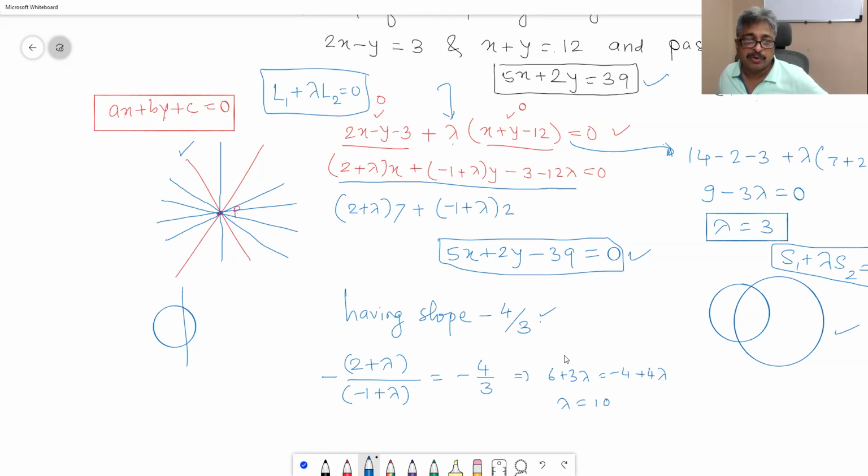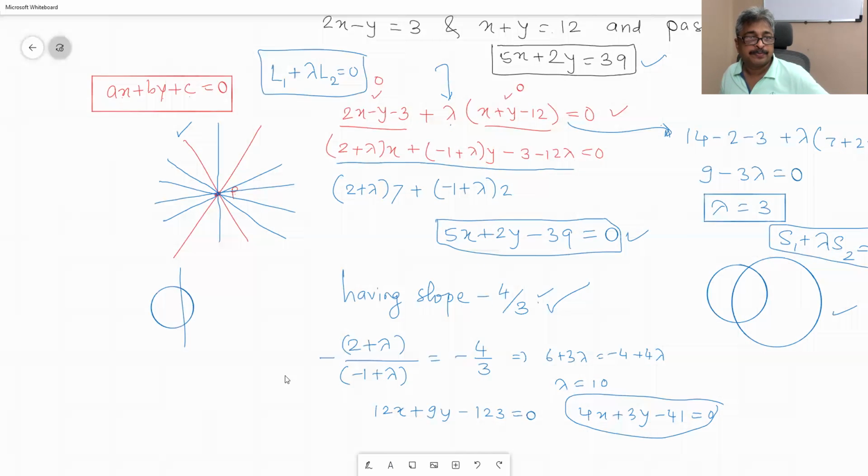If I put lambda is equal to 10, we get the equation of line as 12x plus 9y minus 120 minus 3 is equal to 0. Reduce it by 3, you get 4x plus 3y minus 41 is equal to 0. Theory works. Next problem.